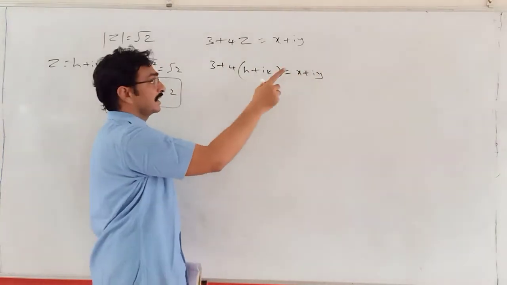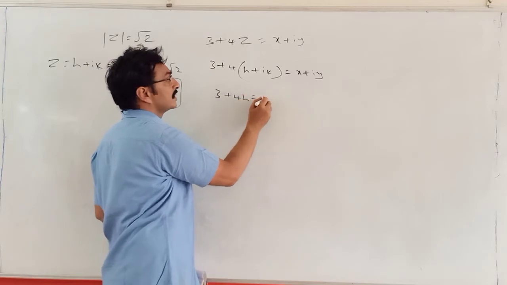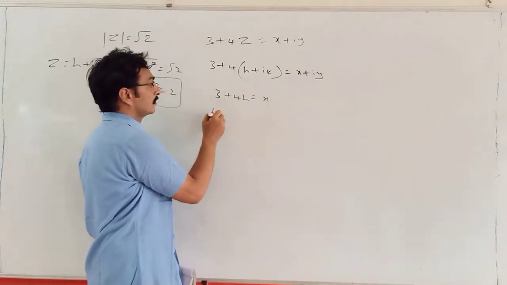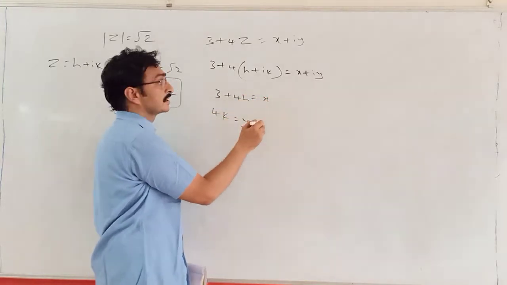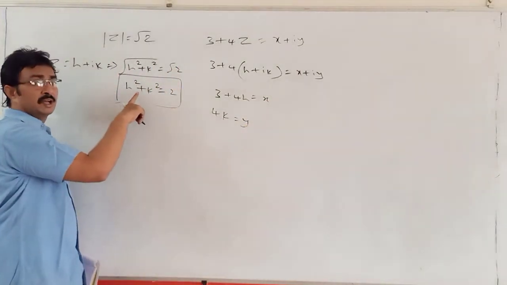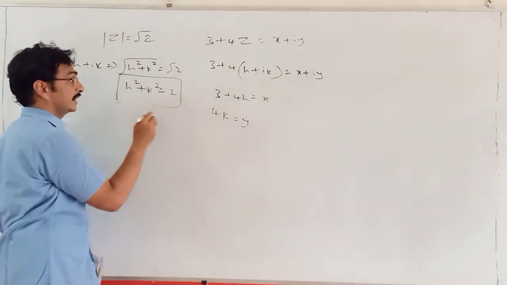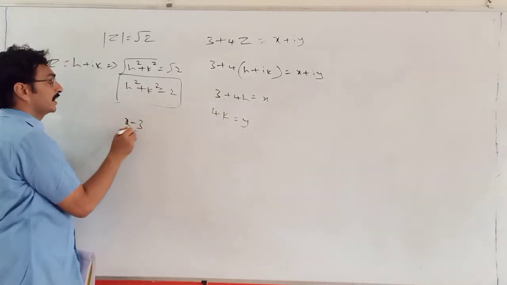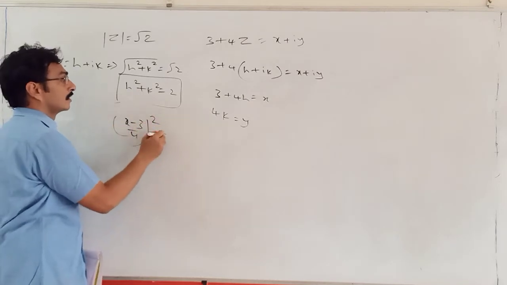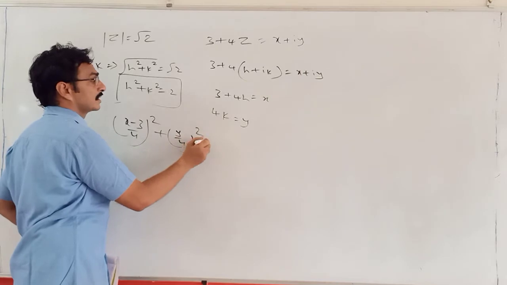So by equating real and imaginary parts, 3 plus 4h equal to x and 4k equal to y. So given locus condition, h square plus k square equal to 2. From this h value is (x minus 3) by 4. From this k value is y by 4.